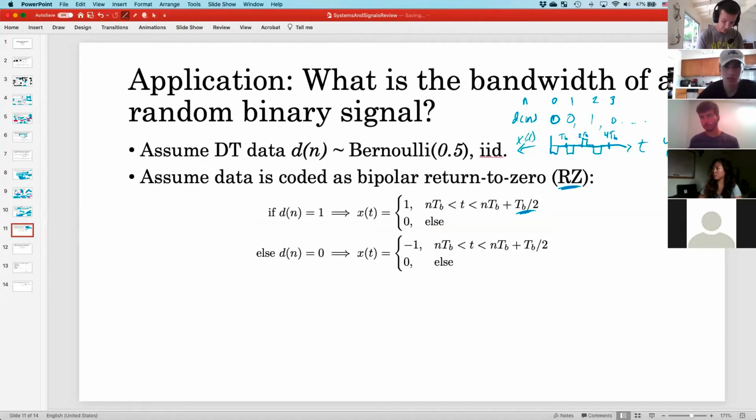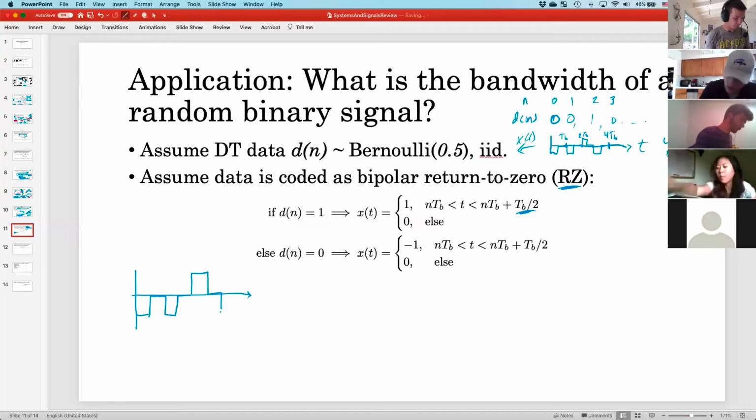Okay, so let's make that picture a little bit bigger. And I'm going to plot just this representative sample. Okay, so what we can do here is label this as the time axis, but I'm going to use tau for reasons that I hope will become clear in a moment.